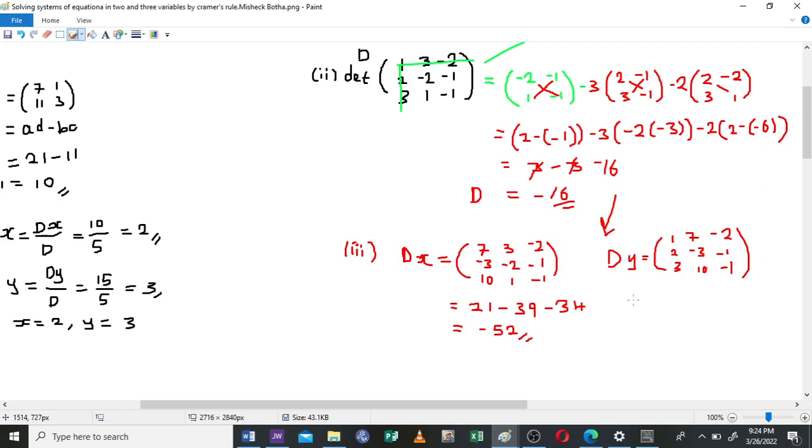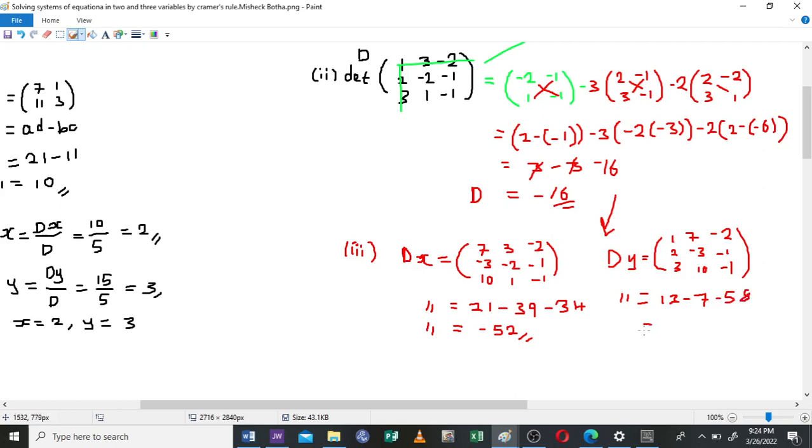Now if you use the same procedure as in the first step, you are going to find that you get 13, right? You have the same matrix dy. You are going to get 13 minus 7, then you have minus 58, right?